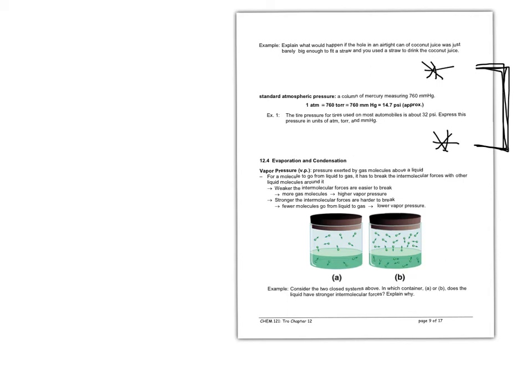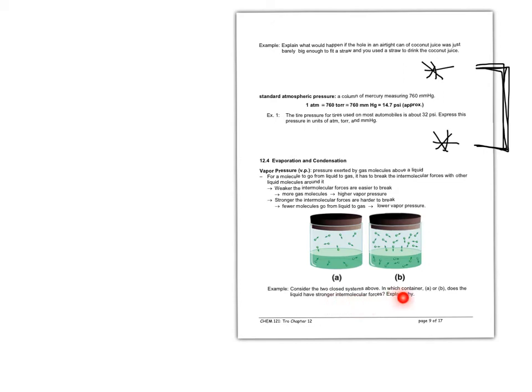So here you'll see that what you read here is what we've already discussed in class and earlier in the video. It's this idea of intermolecular forces versus kinetic energy, and what it means when a molecule escapes a liquid. And of course here we're dealing with closed systems again. Let's look at this question.